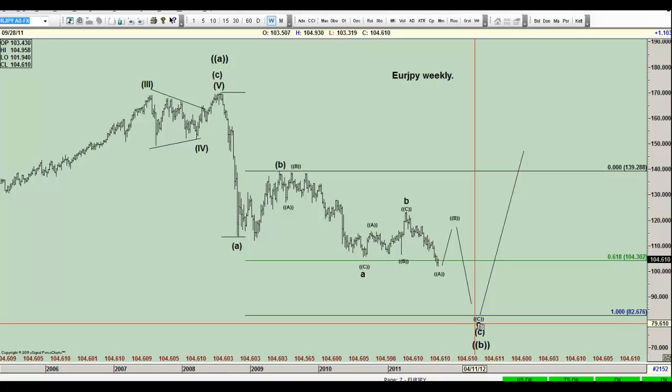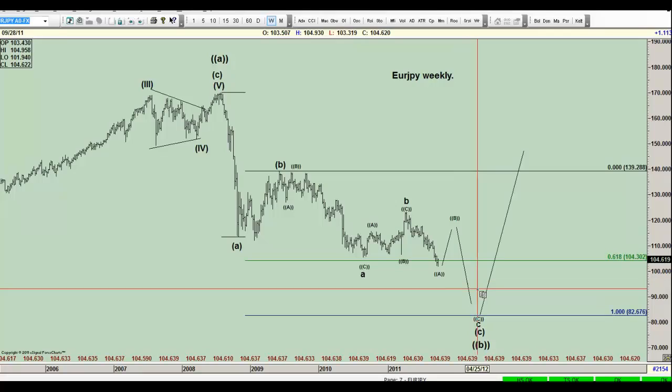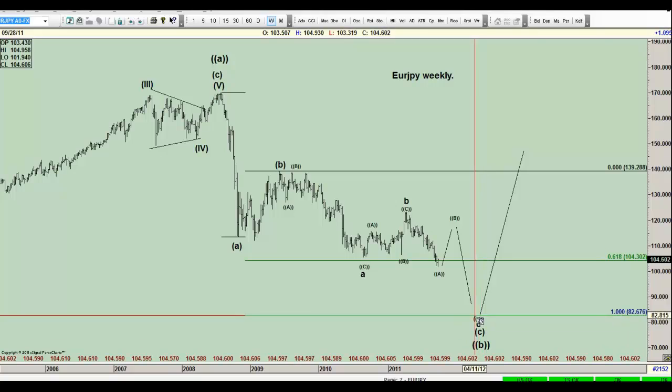Now what we're ending is A, we need a B, and then we see a C that is gonna take the euro against the yen to around 82.70 area in the future, but not right now. This should be the 112 in the euro dollar.